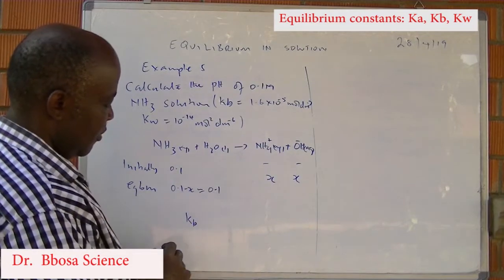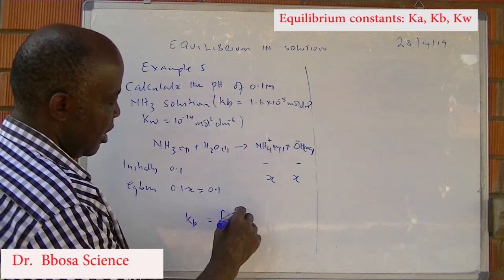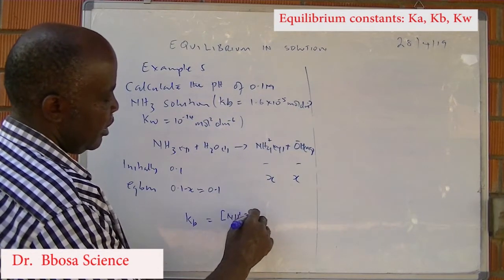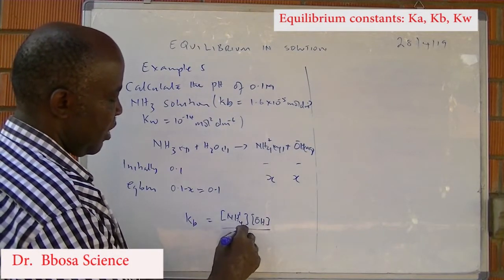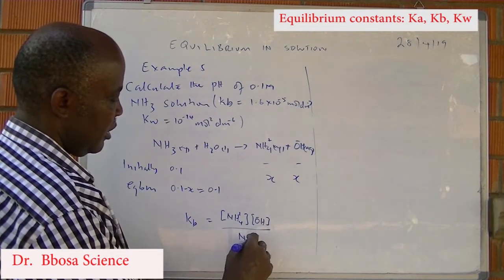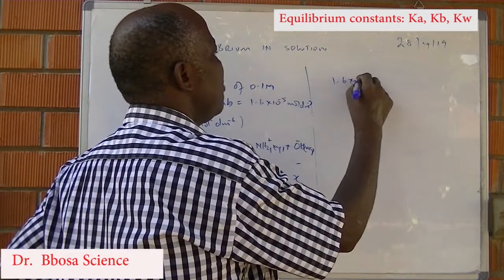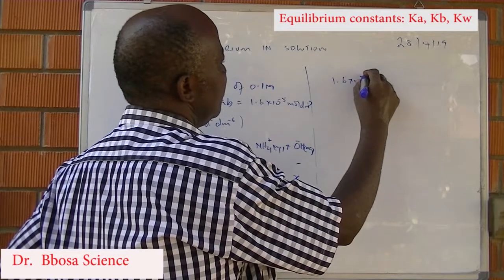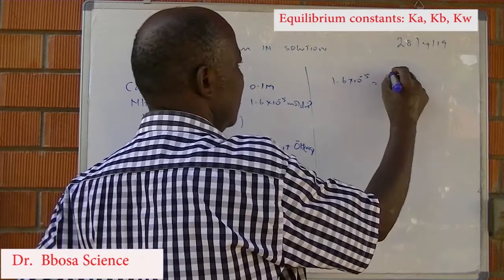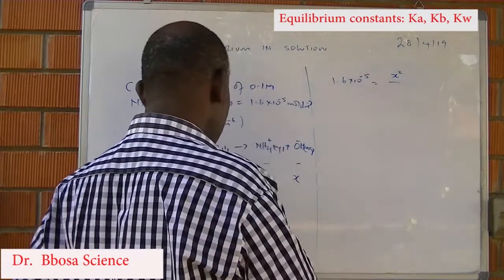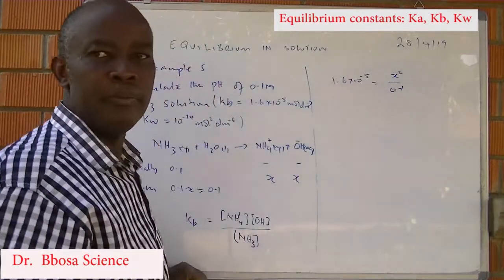From Kb equal to the concentration of ammonium ion times the concentration of hydroxide ion over the concentration of ammonia, it implies that 1.6 times 10 to the power negative 5 will be equal to x squared over the concentration of ammonia, which is 0.1.